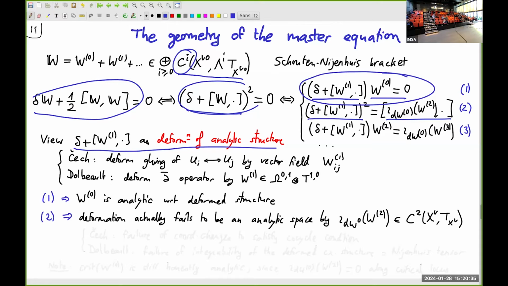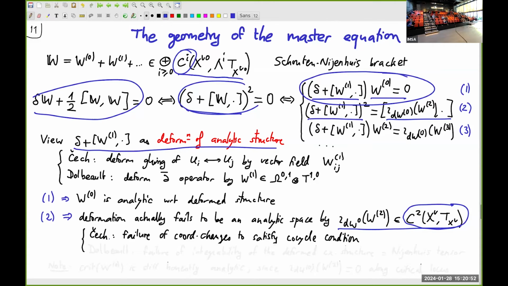What I get is not quite an analytic space because there's an inconsistency, which is this interior product of dW0 into W2, a two-cochain with coefficients in the tangent. In the Čech world, this is what we saw in the example: the coordinate changes fail to satisfy the cocycle condition by this amount.